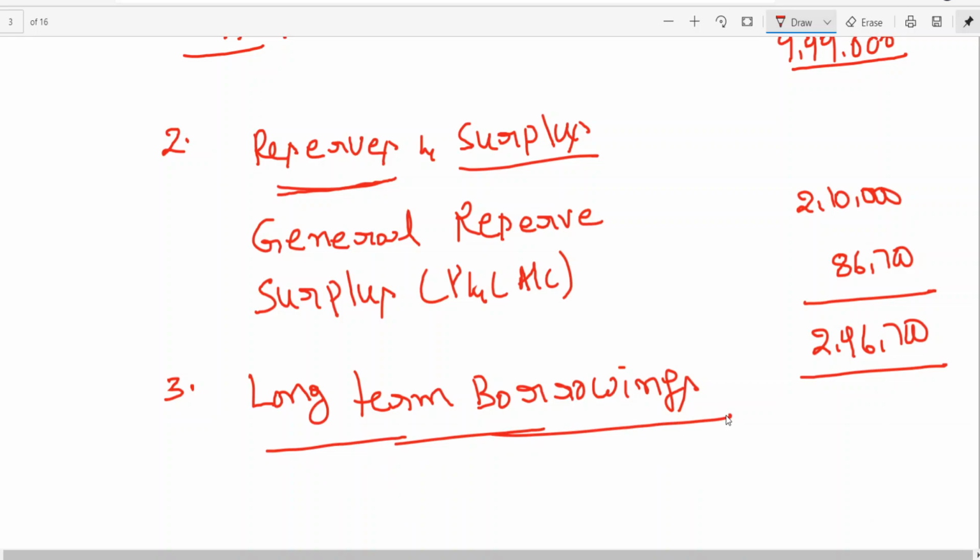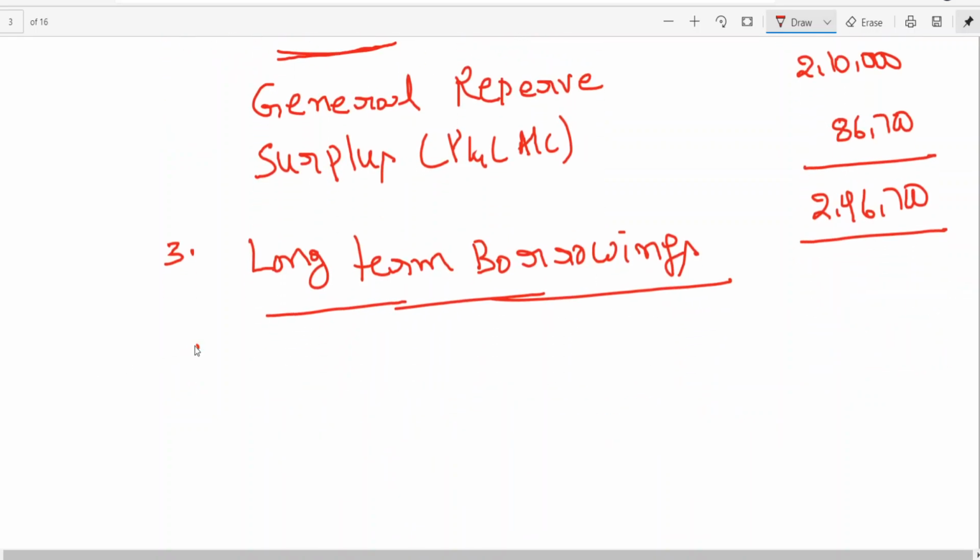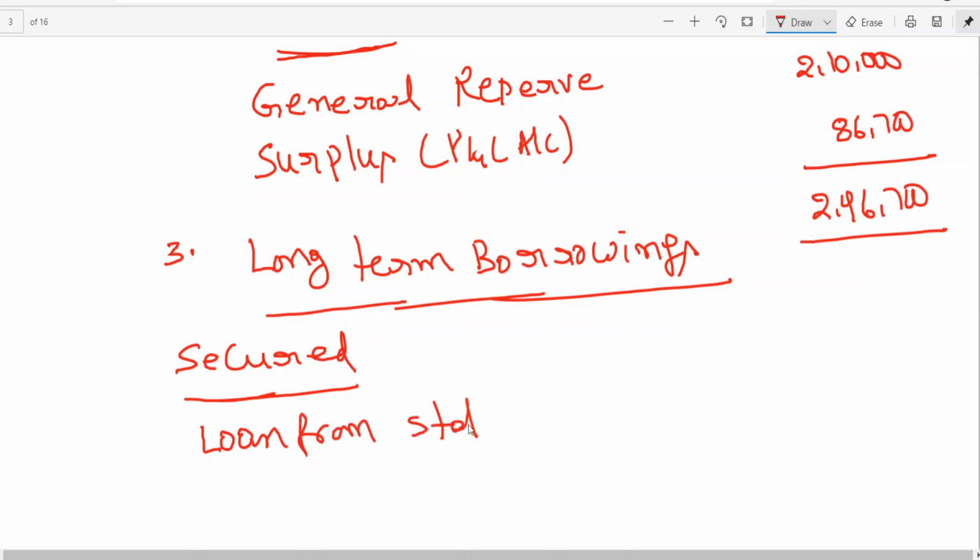So first let me write secured. In this, loan from State Finance Corporation.